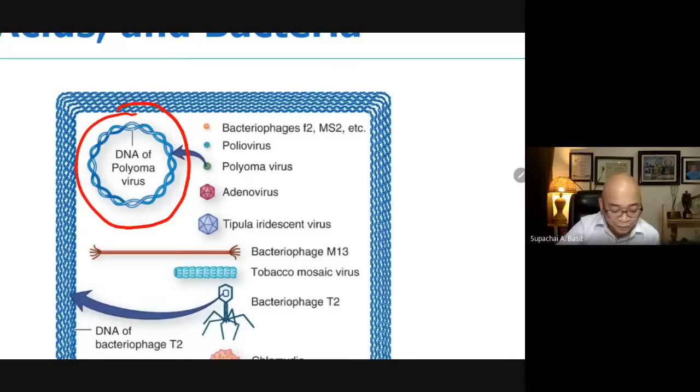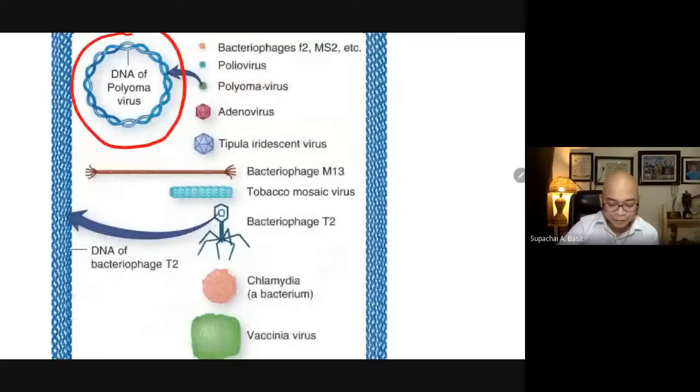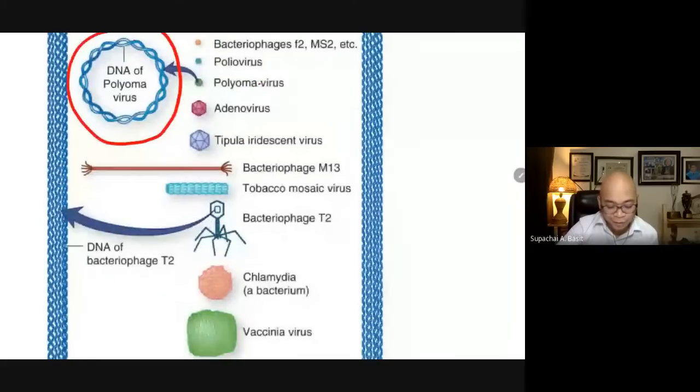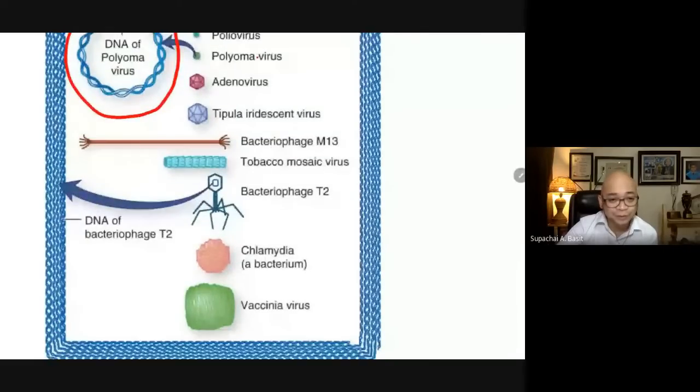The poliovirus, the polyomavirus, adenovirus, the iridescent virus are enumerated here according to size. And then bacteriophage M13, the tobacco mosaic virus, bacteriophage T2. Chlamydia is not a virus, but it's a bacterium. And then we have the vaccinia virus.